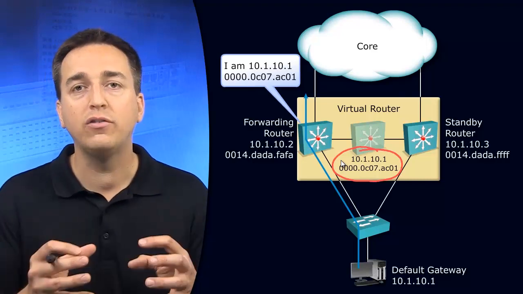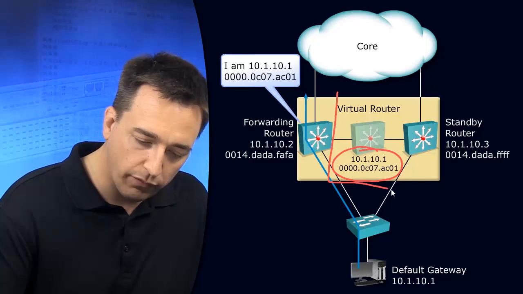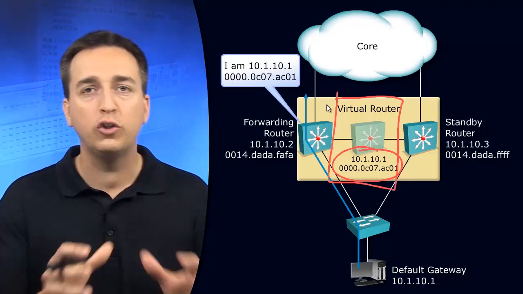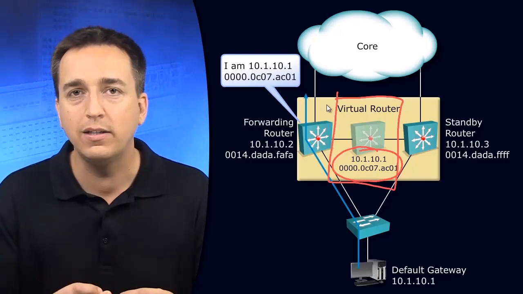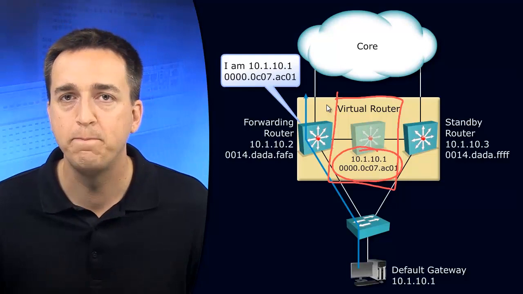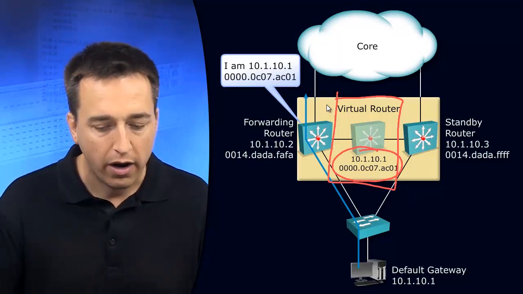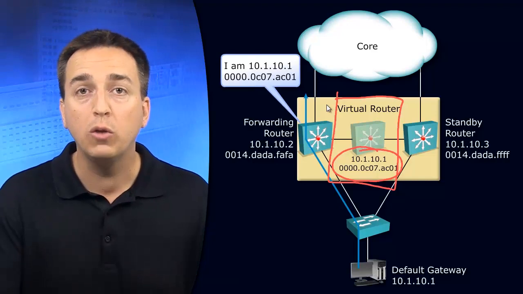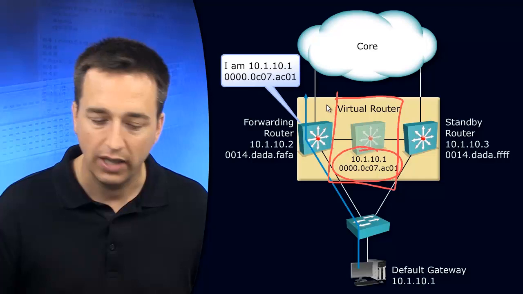This IP address and MAC address are part of the virtual router. The virtual router is what the client thinks is the default gateway. All it is is this IP address and MAC address being shared by multiple routers that could be the default gateways for that subnet.